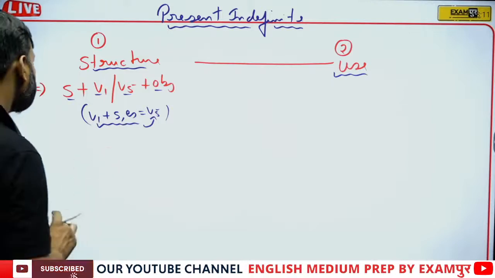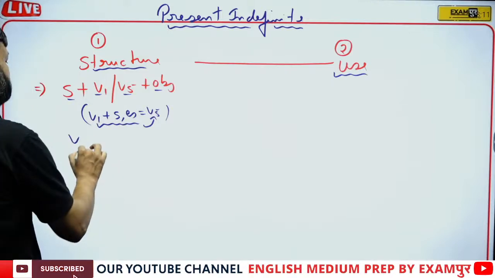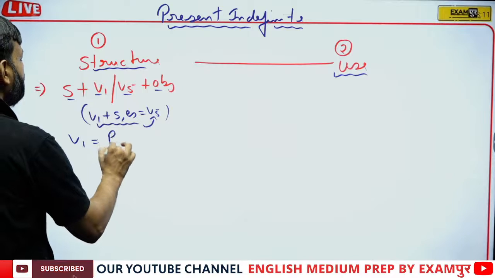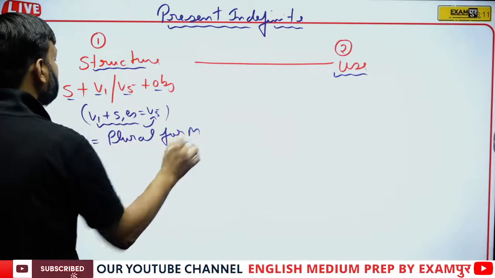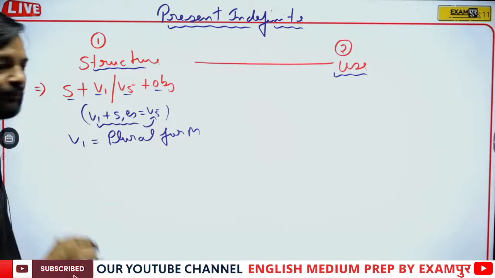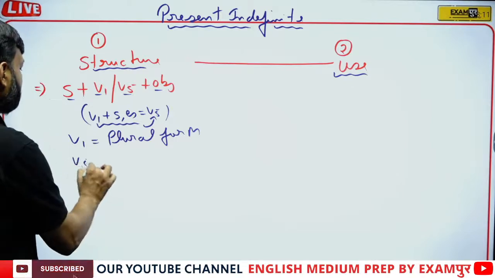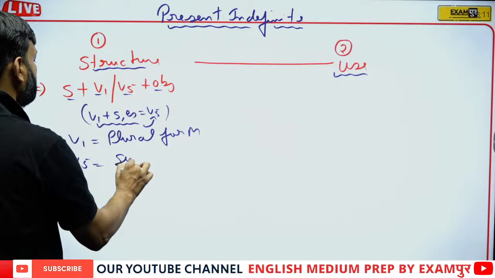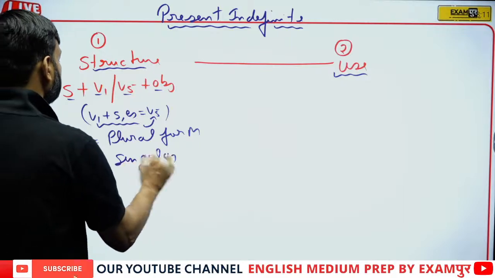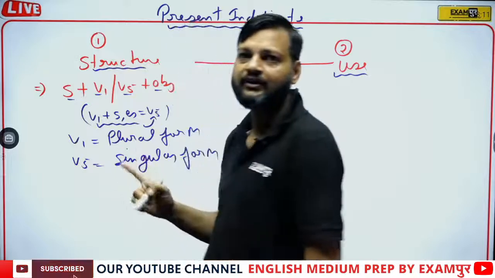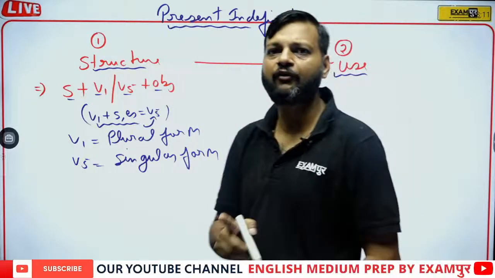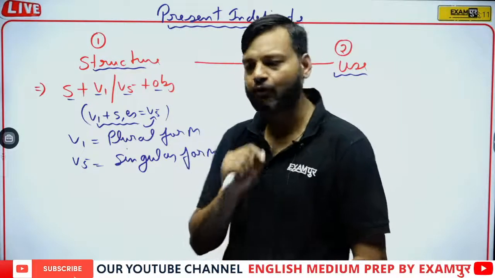One more thing I would like to tell you: the first form of verb is considered the plural form, and the fifth form is considered the singular form.